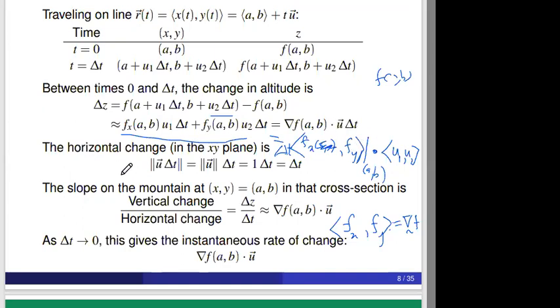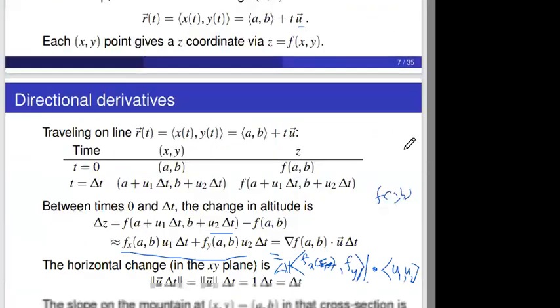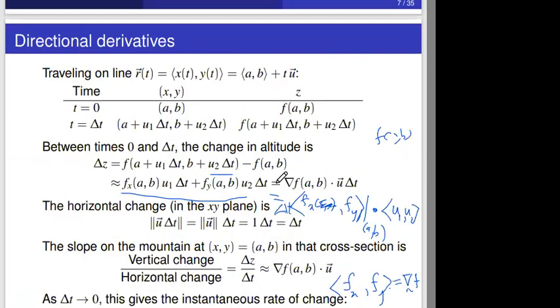So what is the change in the xy plane? Initially the traveler is located at (a, b). Then you consider this delta t variation. Then the new position is (a plus delta t u1, b plus delta t u2).